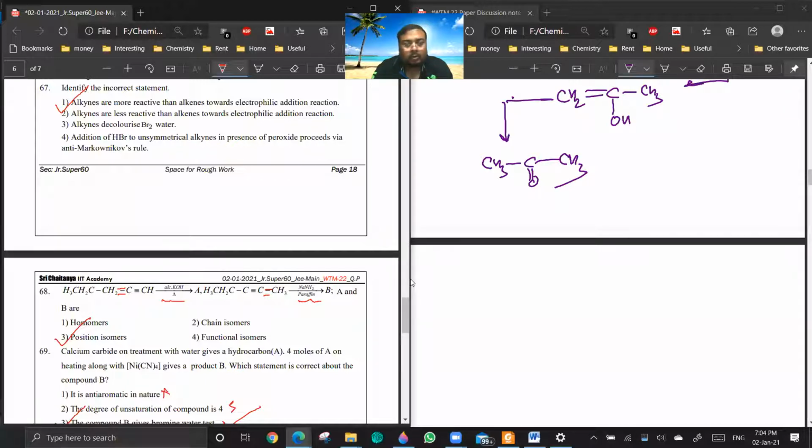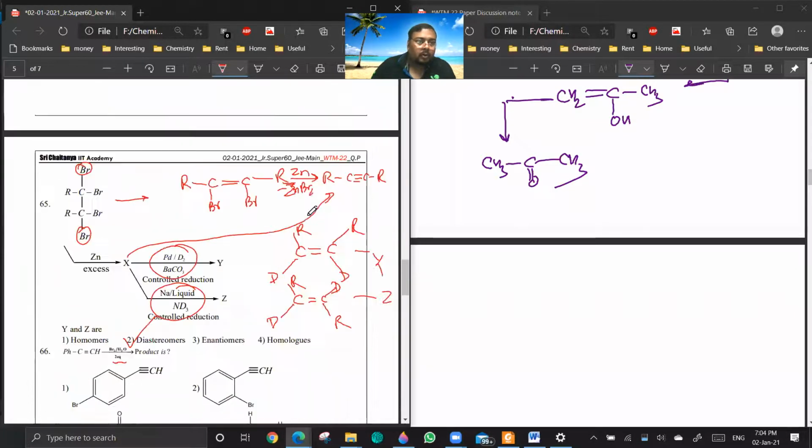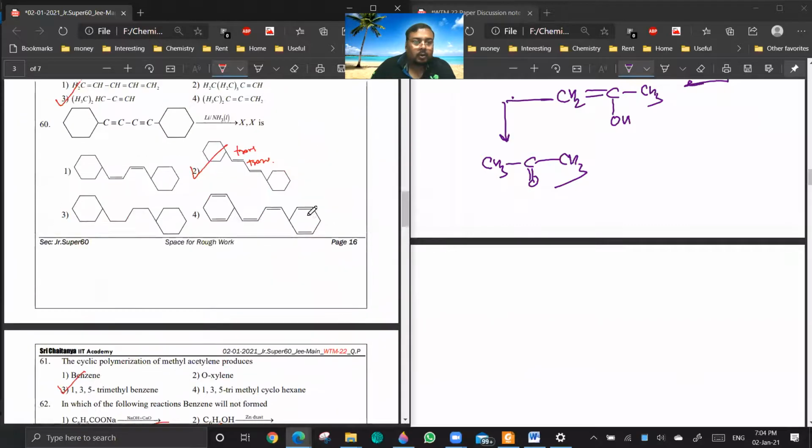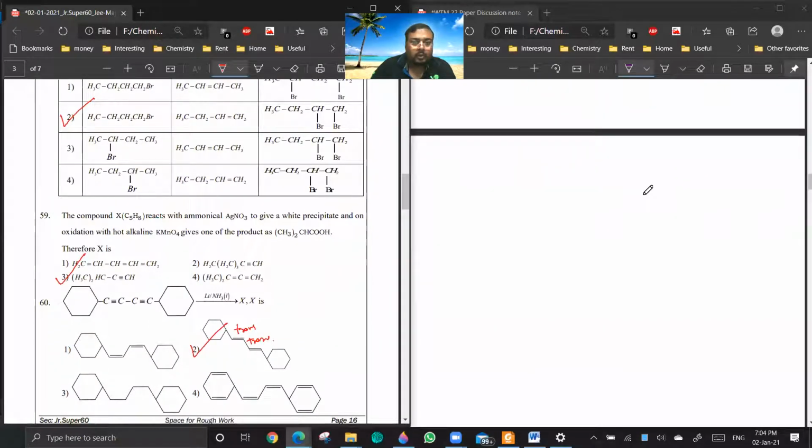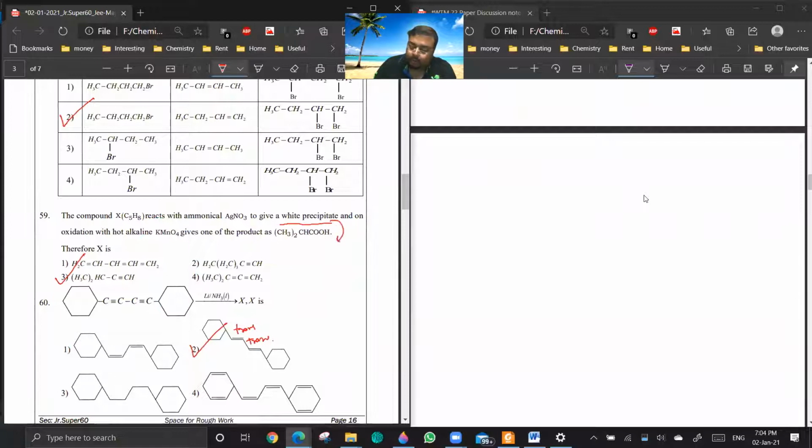Any other doubt in this paper? Sir, 59. 59. Yeah. C5H8 on treatment with AgNO3 gives white precipitate. This means it should be a terminal alkyne. RC triple bond CH.